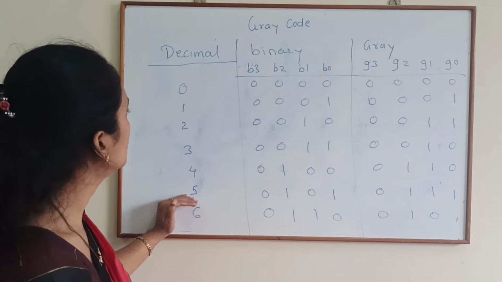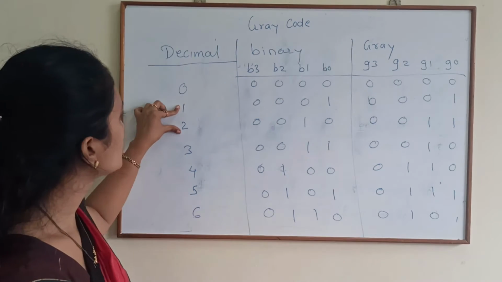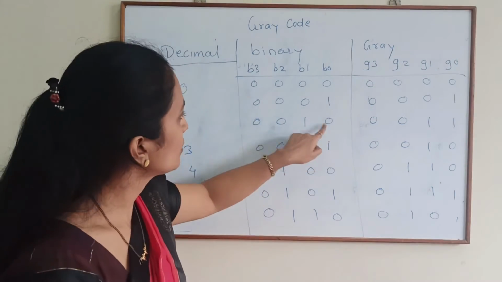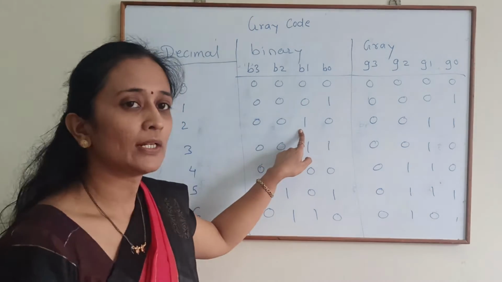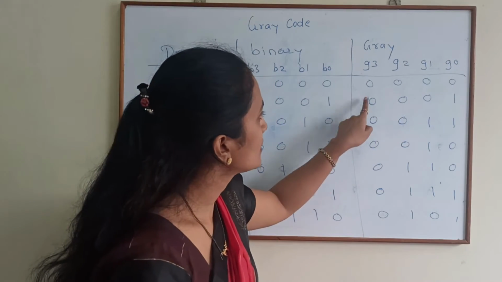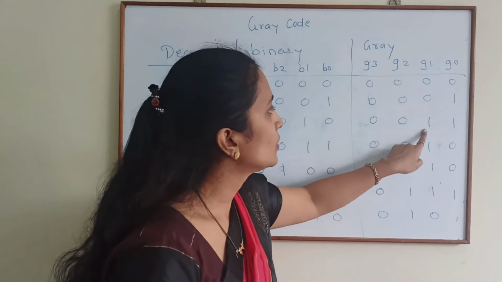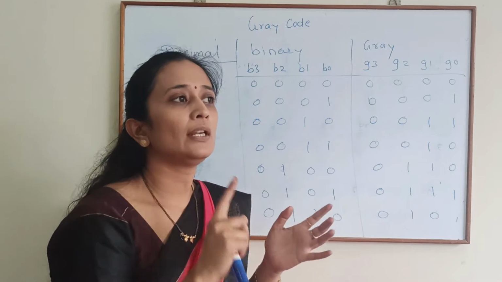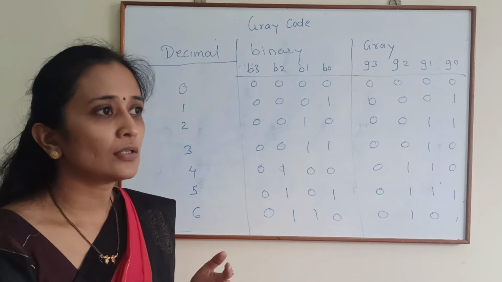Once again, if we take these two numbers, 1 and 2, in binary, 1 switches to 0 and 0 switches to 1. Two switchings are there. In Gray code, 1 is as it is, 0 is as it is, 0 is as it is, but 0 switches to 1. Only one switching is there. Therefore, it is called a unit distance code.